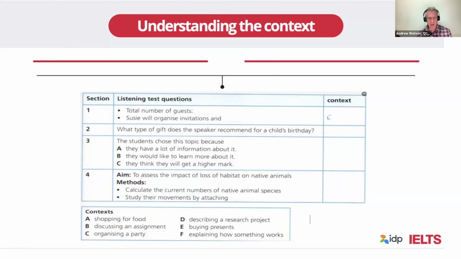And number 3, students chose this topic because they have a lot of information about it. They would like to learn more about it, and they think they'll get a higher mark. So there you could draw on some of the vocabulary, right? That will help you to get the context. Higher mark.